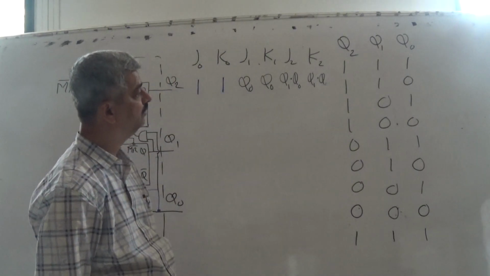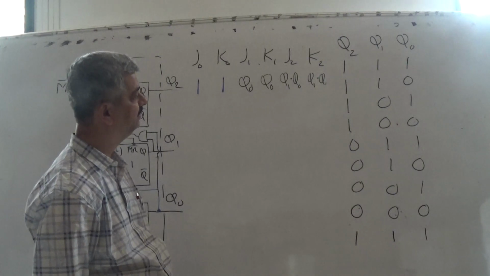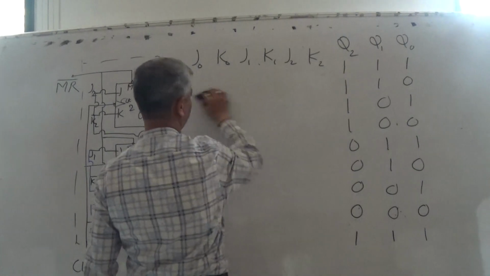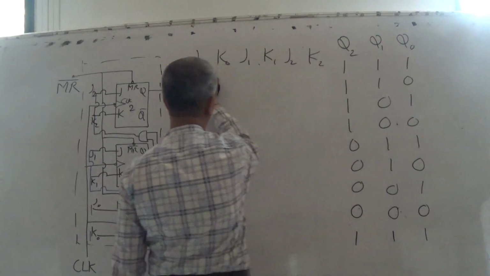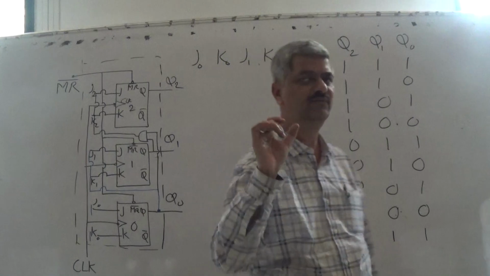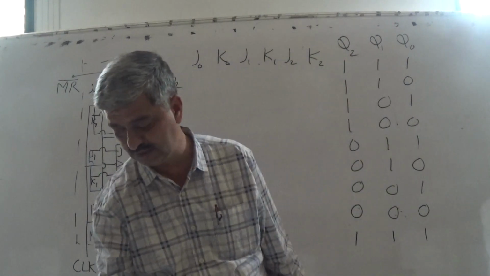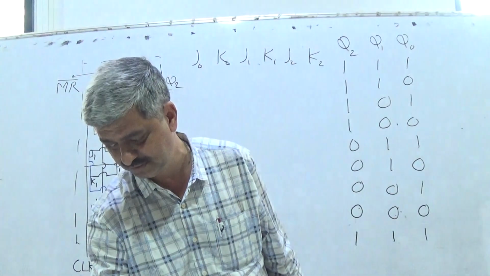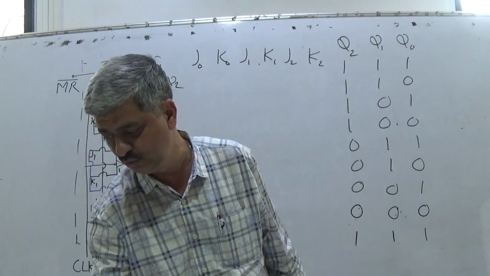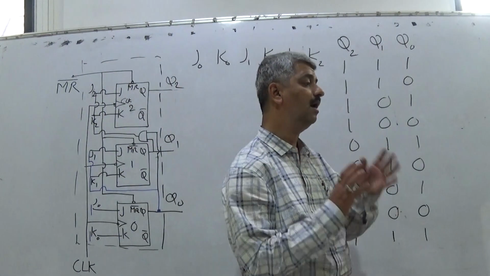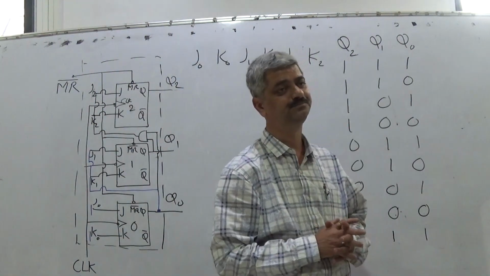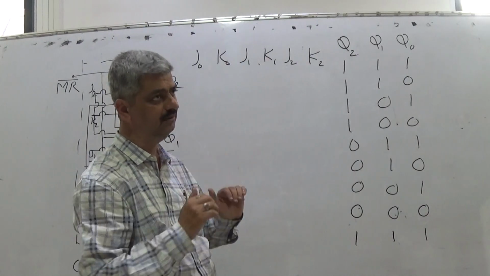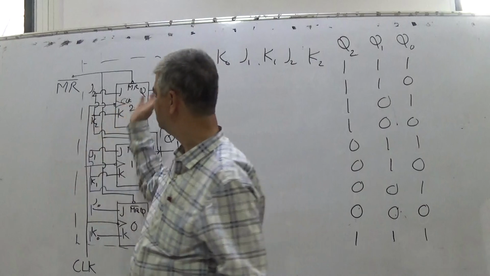So what do we observe there? The idea is very clear. Whether it is an up counter or a down counter, you need flip-flops equal to the number of bits. After those many flip-flops, you have to think of what clock is made common and reset is brought out.